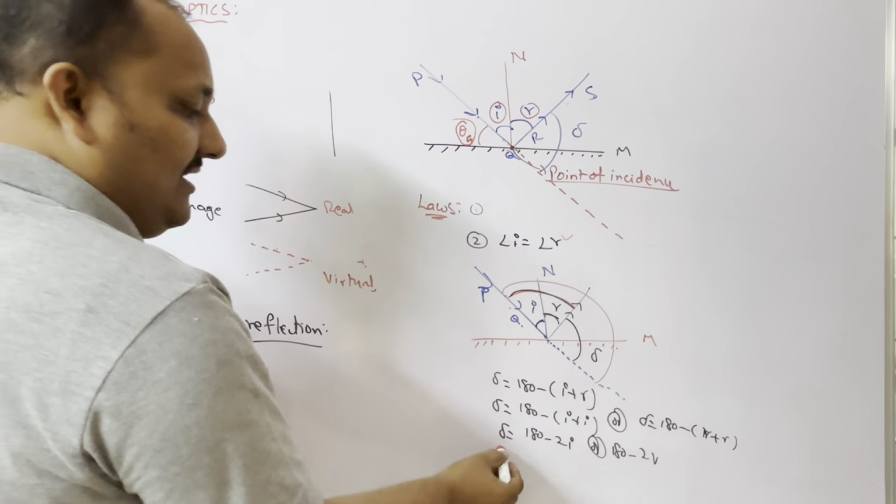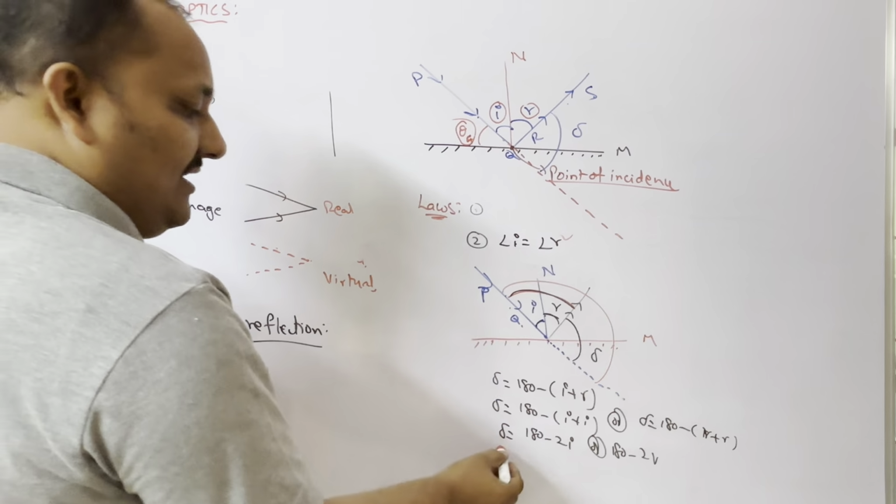Now, what is the nature of the graph drawn between angle of deviation and angle of incidence? In the basics, we discussed: delta is equal to 180 minus 2i or 180 minus 2r. So, y is equal to mx plus c. In this form, delta is equal to minus 2i plus 180 degrees, where m is minus 2 and c is 180 degrees.